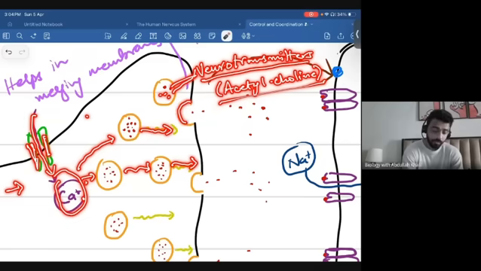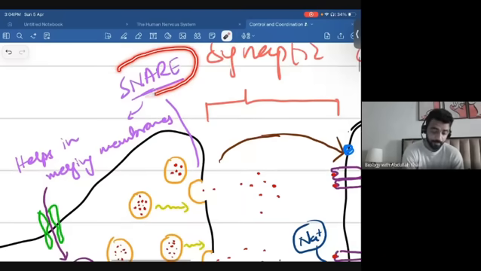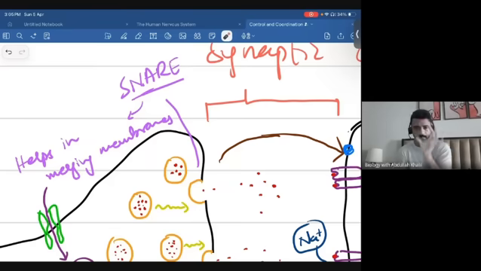These vesicles would fuse with the presynaptic membrane, and there are special proteins that would help the vesicles to merge or to fuse with the membrane. These proteins are called snare proteins. Snare proteins help in merging membranes. The vesicle and the presynaptic membrane would merge, would fuse. Snare proteins would facilitate that process.